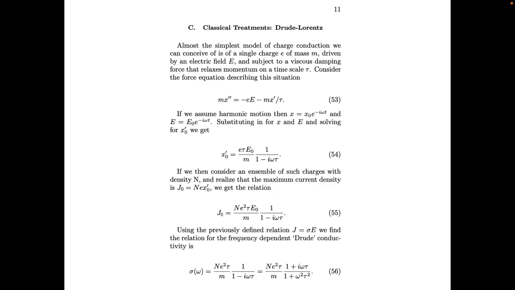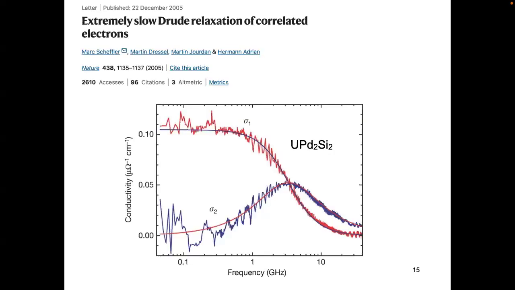But in fact, many interesting and important materials fit this simple exponential relaxation form in time. Exponential relaxation in time gives us a Lorentzian in frequency, and it fits very well. So that's the data that I showed you earlier in uranium, palladium 2, aluminum 2 at this very low frequency scale.